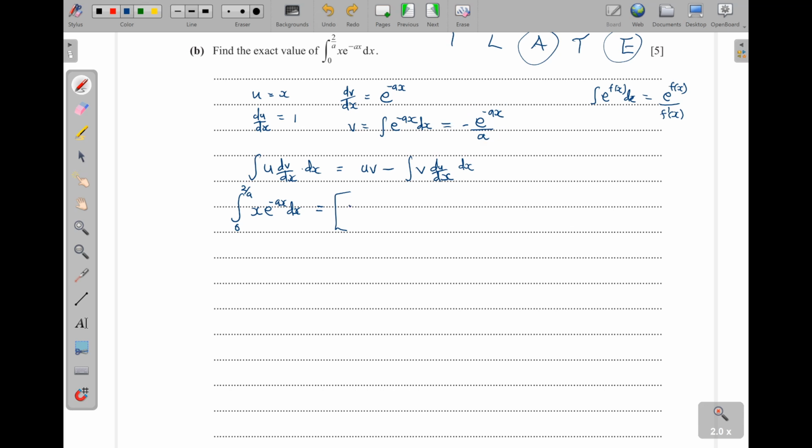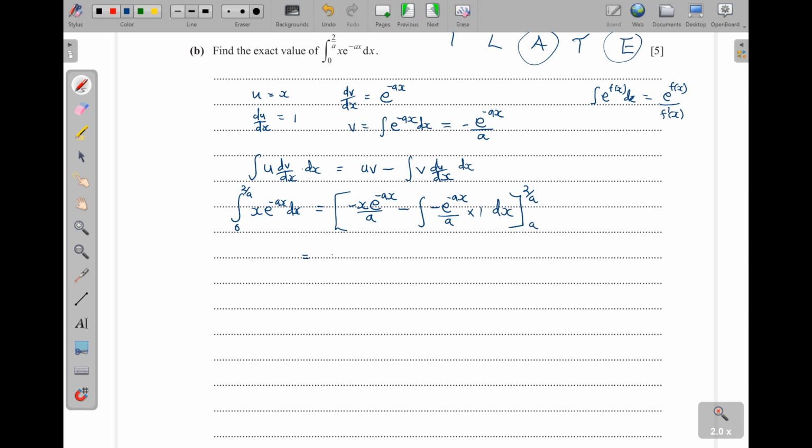So I can write negative x e power negative ax over a. And then we subtract the integral. Our v is negative e power negative ax over a. And then times du/dx is 1, then dx. So this is 2 over a and then a.